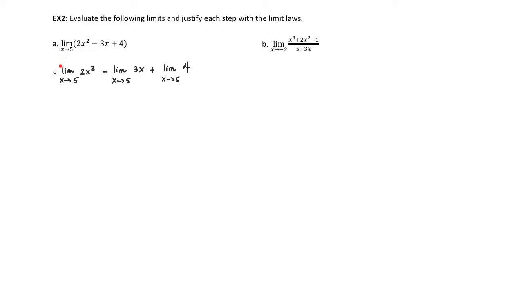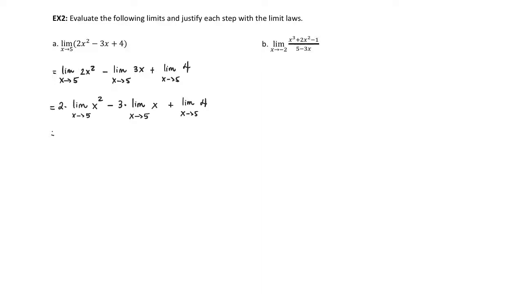So in my next step, I'm going to go ahead and bring this in front of the limit notation. So this will be equal to 2 times the limit as x approaches 5 of x squared minus 3 times the limit as x approaches 5 of x plus the limit as x approaches 5 of 4.